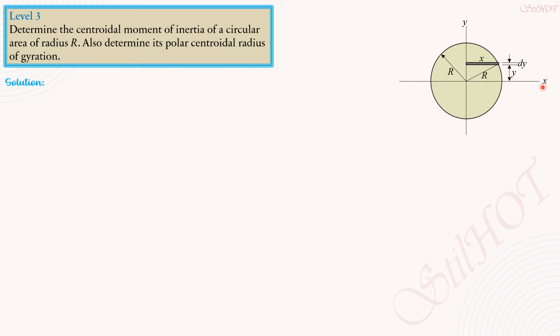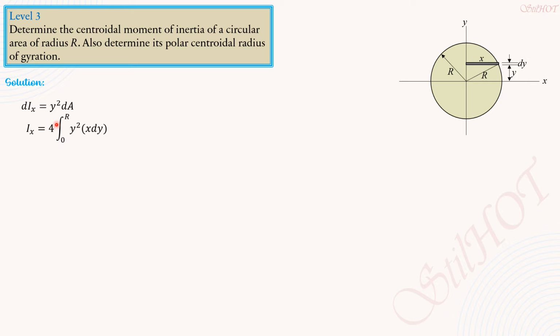So the differential moment of inertia with respect to the x-axis due to this quarter circle alone is y squared, constant distance squared, times differential area, which is in this case x dy. So Ix therefore is 4 times the integral from 0 to r of y squared times x dy.